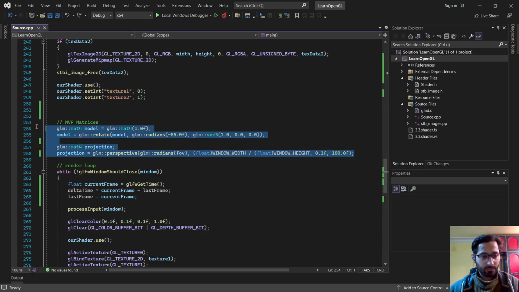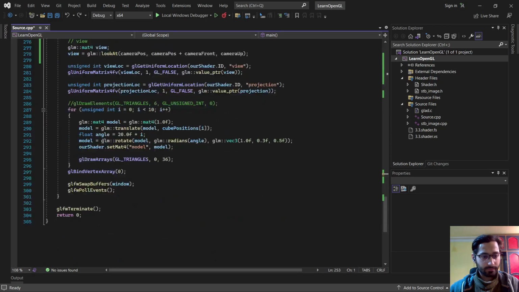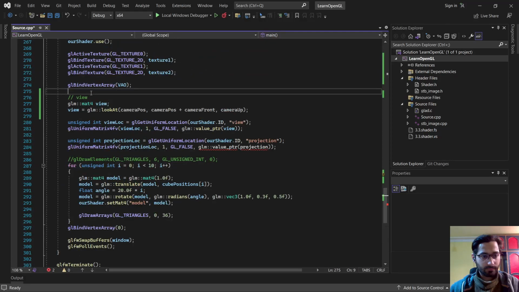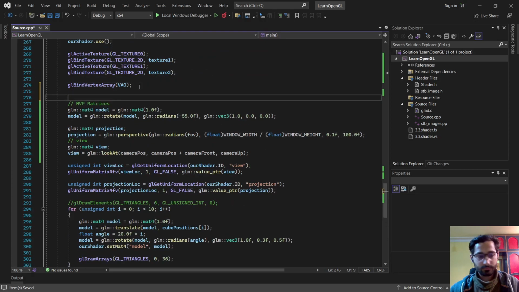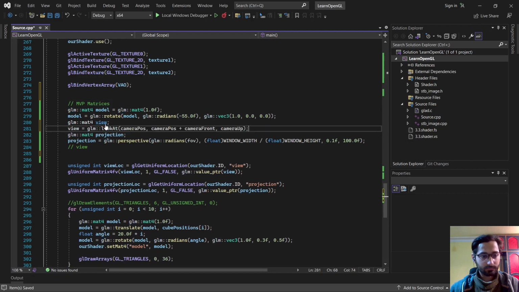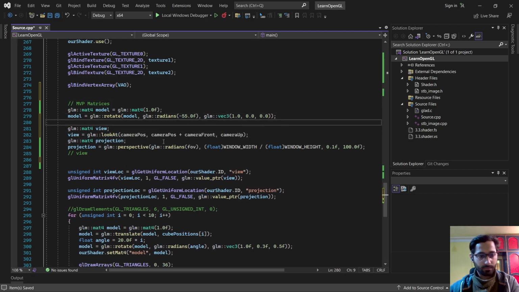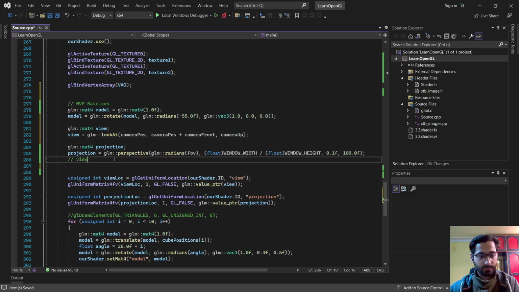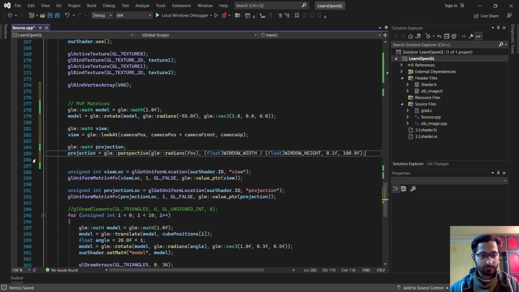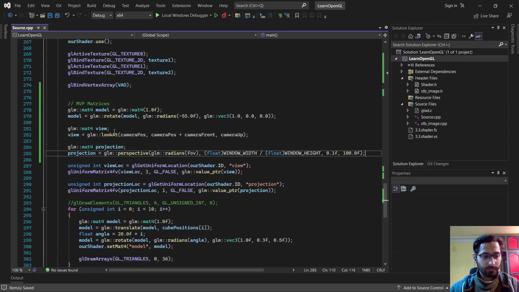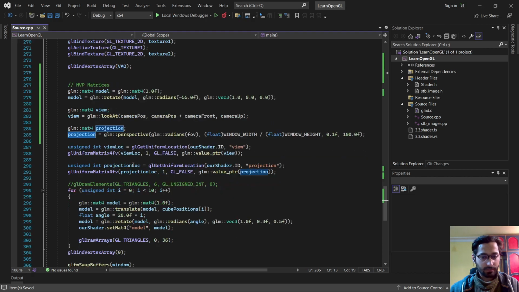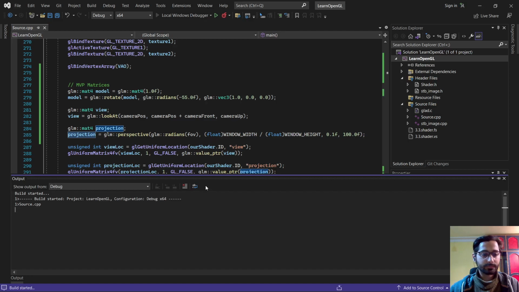Might as well move the whole thing. Just get it back in order. Okay, so now this is changing every frame, and then we're setting it every frame. Okay, cool.